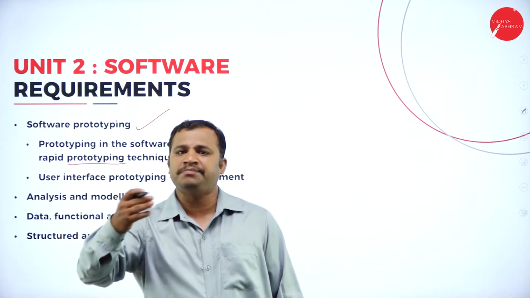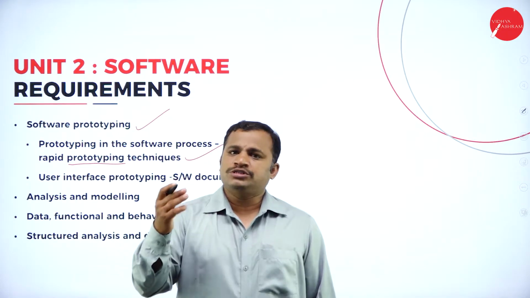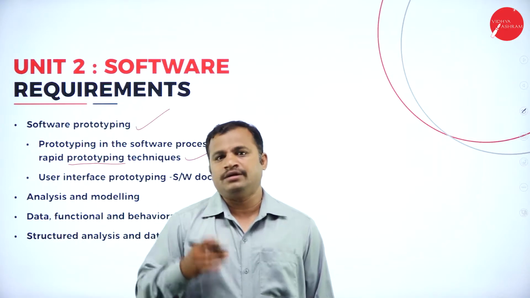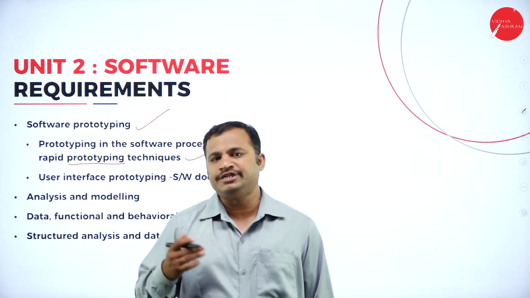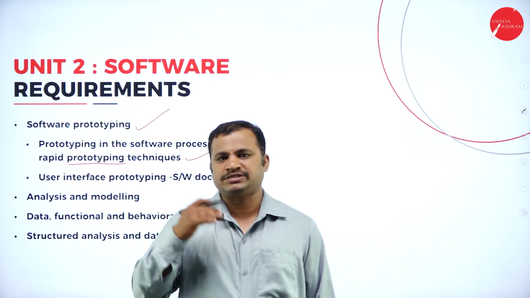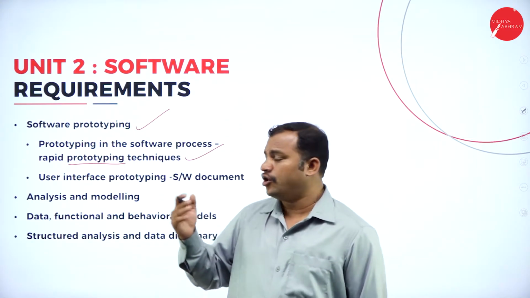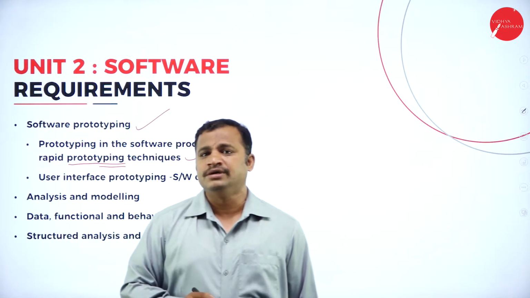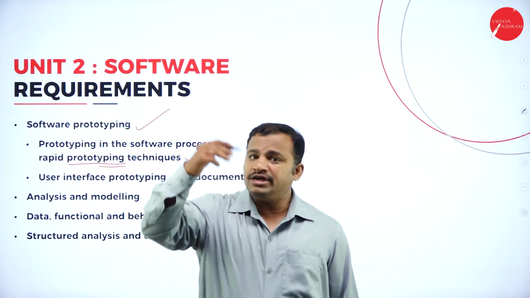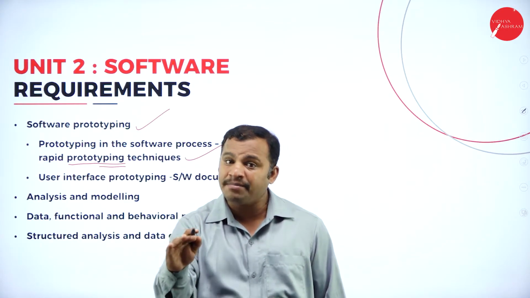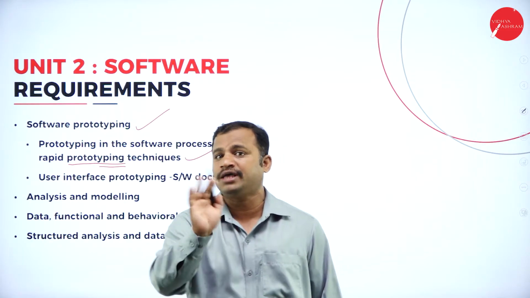Let me take one example. Suppose a bus ticket reservation system is a software development project, the software product which needs to be delivered to the KSRTC buses. Before the delivery of the actual product, we will deliver a prototype, which is the same as the actual product, but not the actual product.